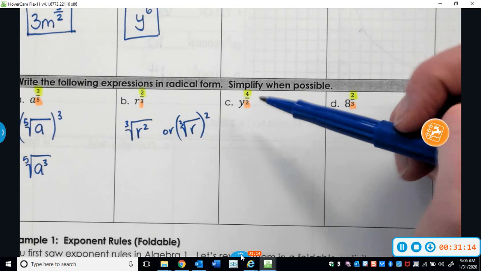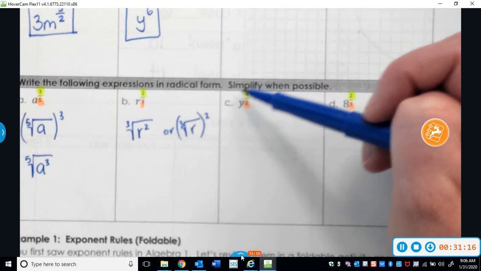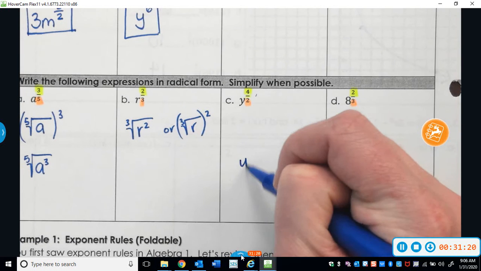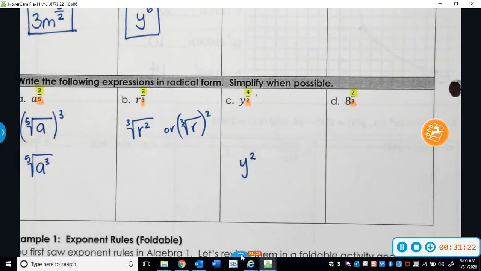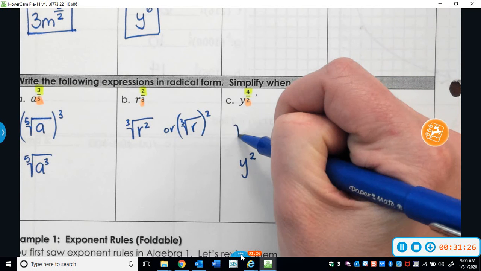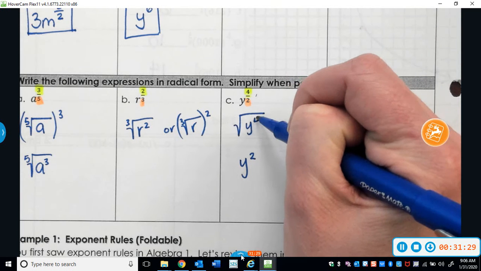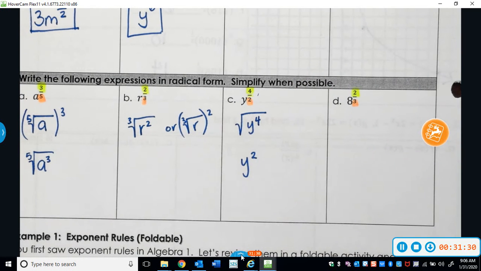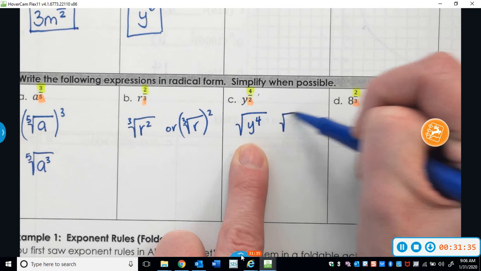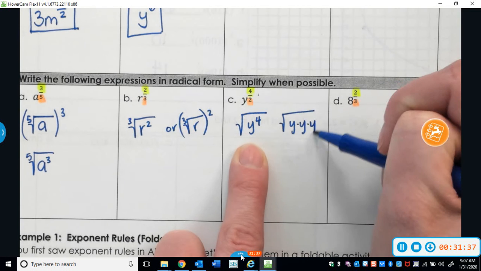For the next one, you could have simplified it from here, or you could have written it as a radical and then simplified. The final answer you would get for this is y squared, because 4 divided by 2 gives me 2. If I rewrite this as the square root of y to the 4th, y to the 4th would be 4 y's.